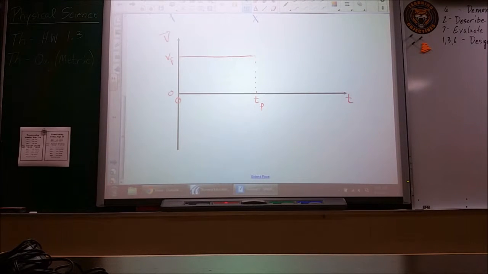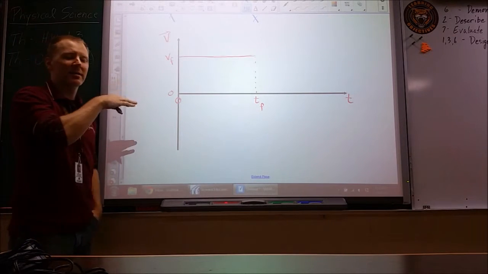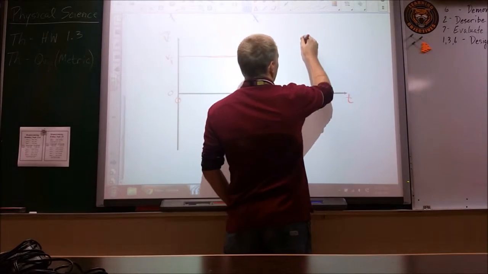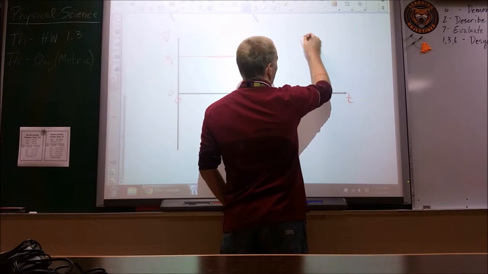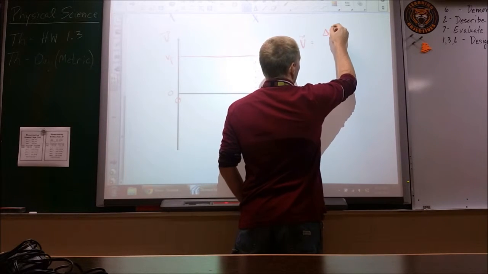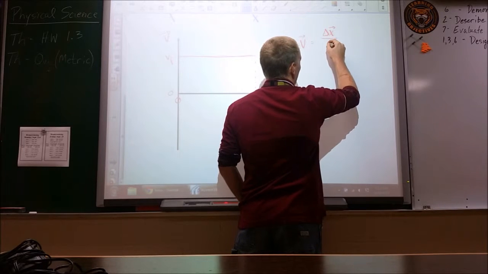If we want to find how far something travels when it's got a constant velocity, we did that with the last homework. We said, well, the definition of a velocity is a change in position, so it's displacement over time.